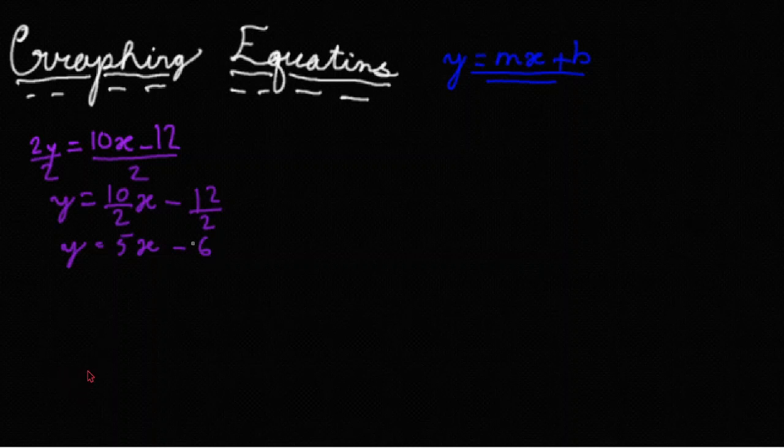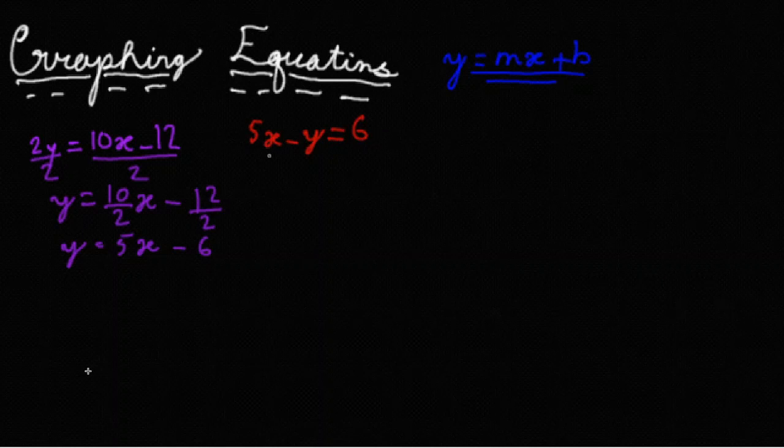So for our next equation, it is 5x minus y equals 6. So we're going to move this side over here to solve it, because if we just remove the 5x and the negative sign, we'll just get y equals 6, and that doesn't work.